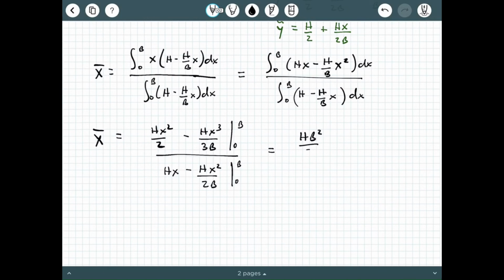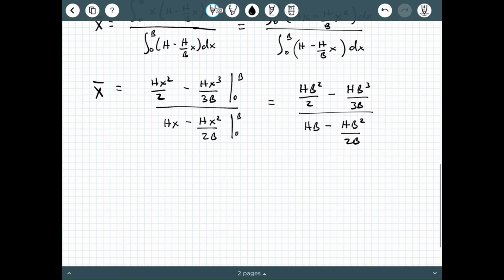We can substitute some values in. We get hb squared over 2 minus hb cubed over 3b, divided by hb minus hb squared over 2b. Let's see how we can combine some terms here and cancel some things. We can cancel this b with one of these b's. So a lot of algebra here, so just be careful.